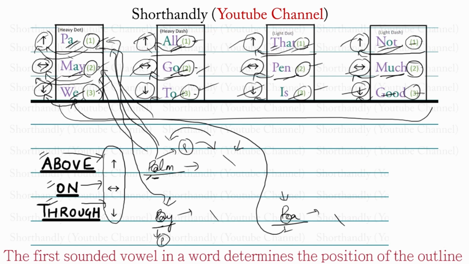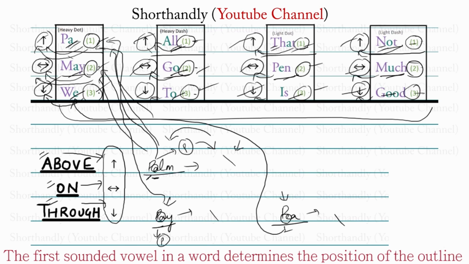So you just have to remember: first place vowel equals above the line, second place vowel equals on the line, and third place vowel equals through the line. Or you can simply say one equals above, second equals on, third equals through. That's how we make the first outline for any word.